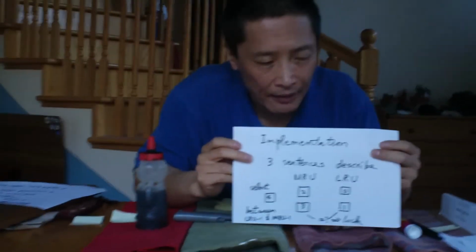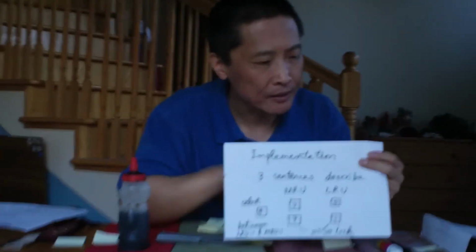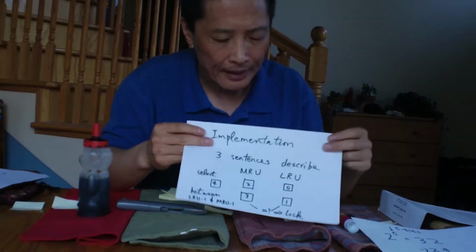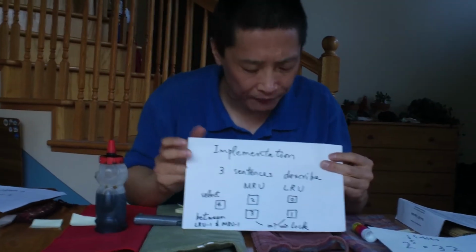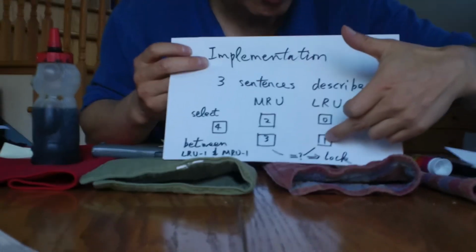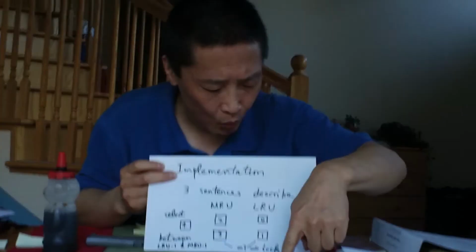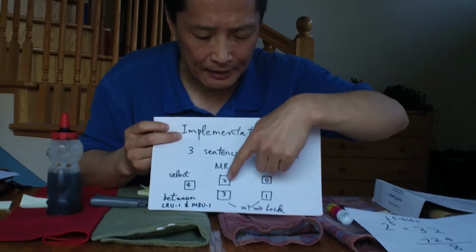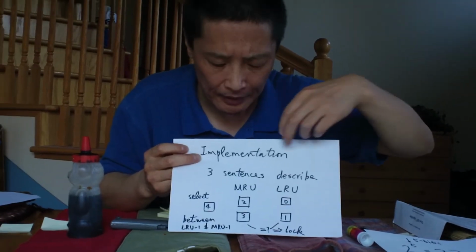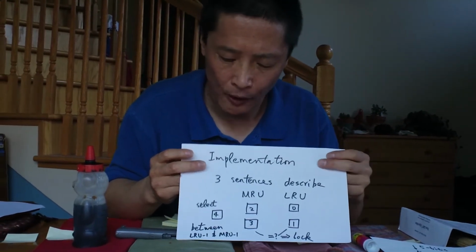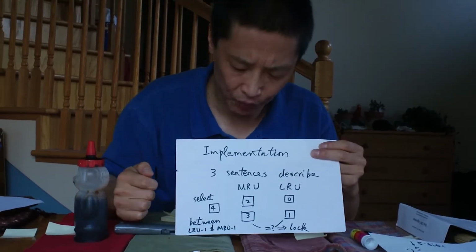Implementation: I have a very clever way, you have to beat both on the algorithm and on the clever way of encoding and implementation. I need 5 bits, for example. So bits 0, 1, 2, 3, 4. The first 2 bits indicate the encoding of the way which is least recently used, and the other 2 bits indicate the most recently used, and the remaining 1 bit is for choosing the next LRU or the next most recently used.